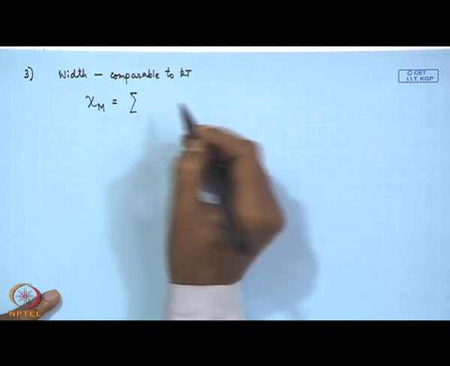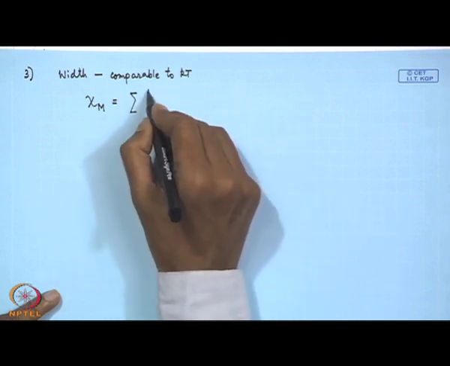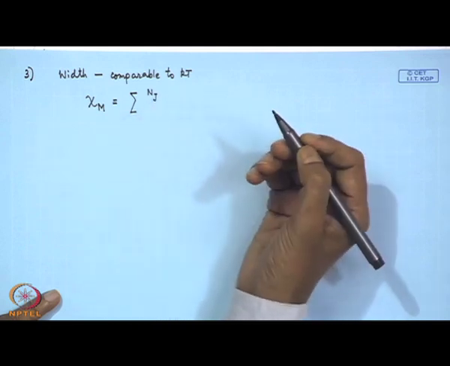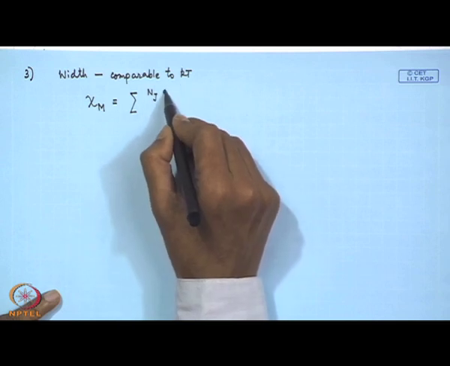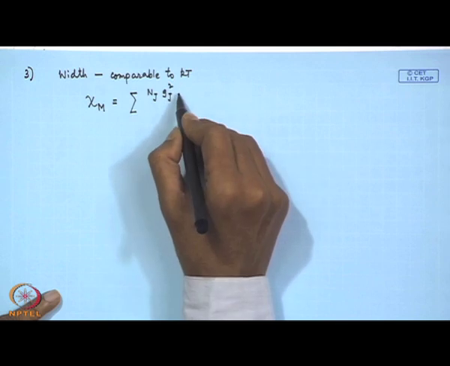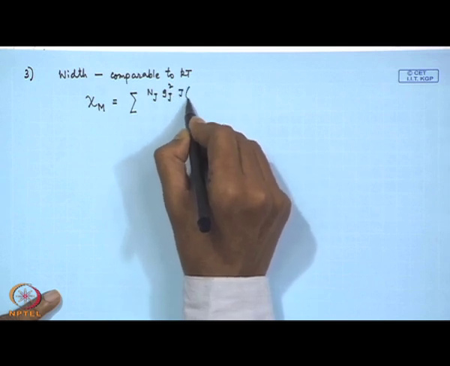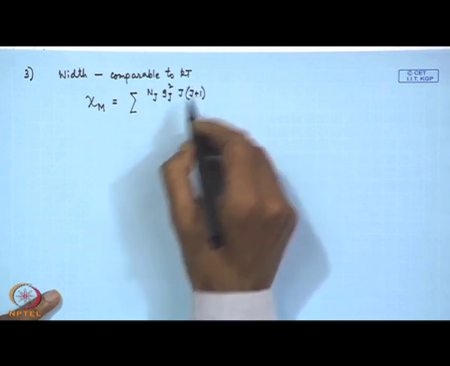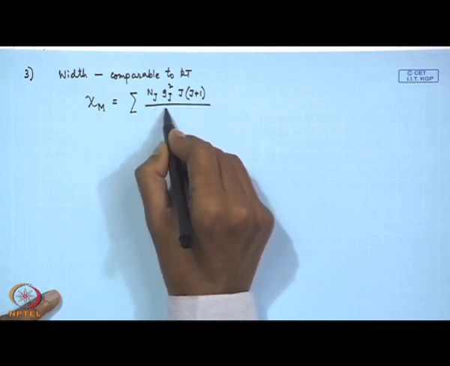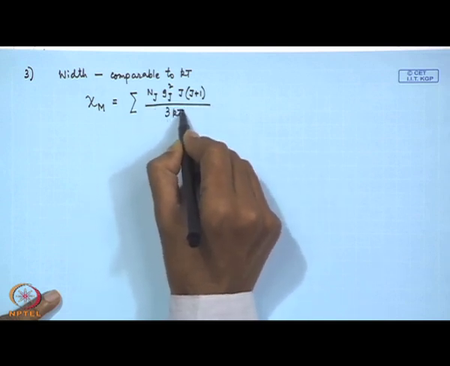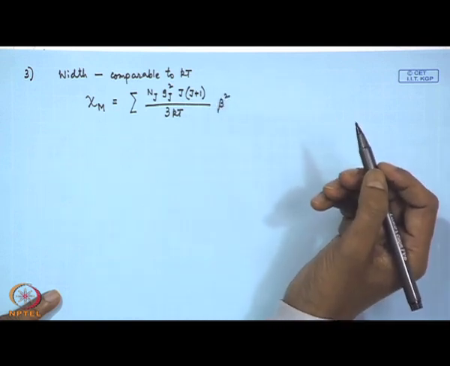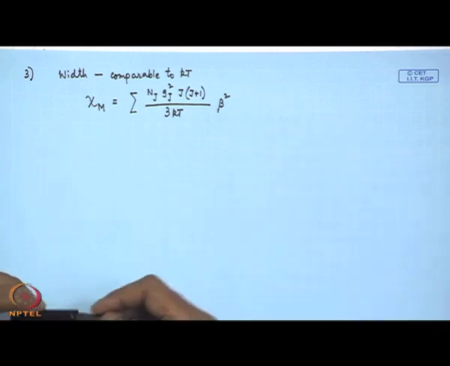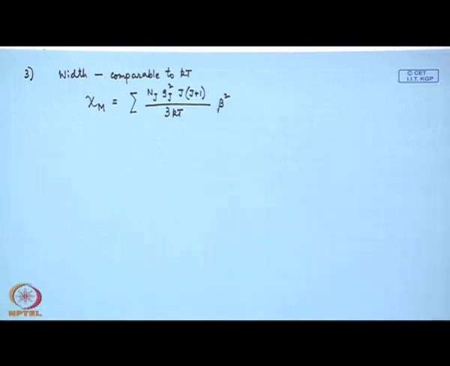For that we can have the summation over the different J levels, that means the population of the different J levels with those the Gj values for those levels, Gj square into J into J plus 1 divided by 3 kT into beta square.